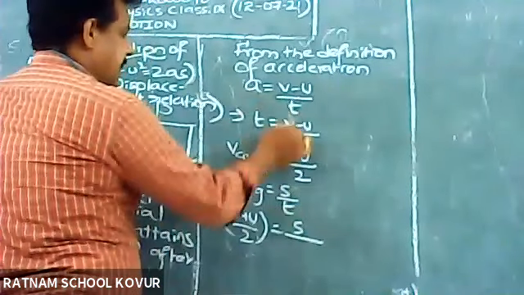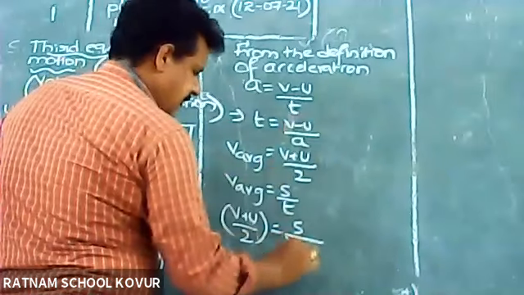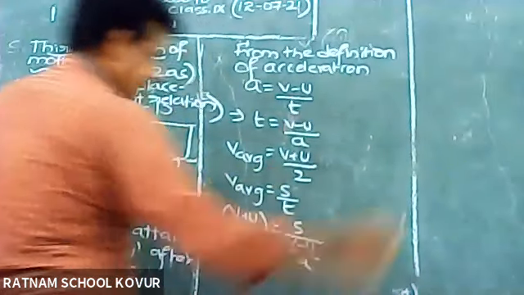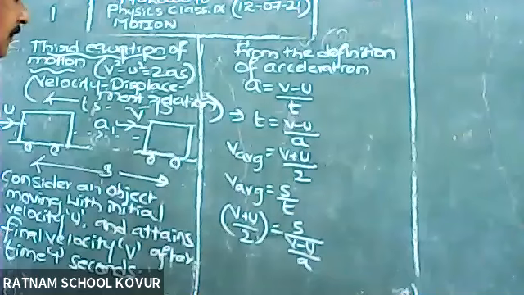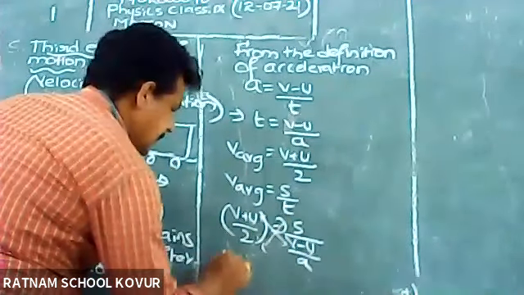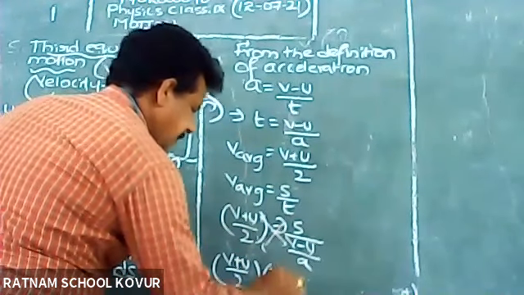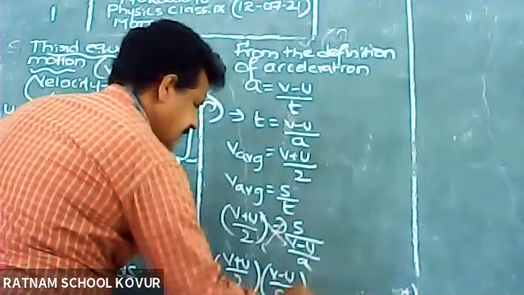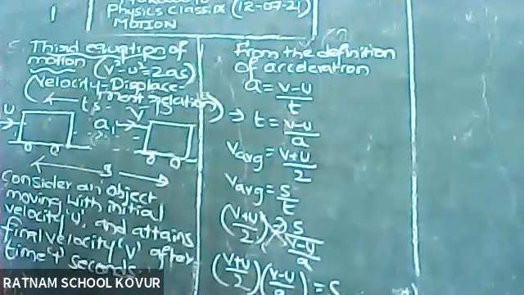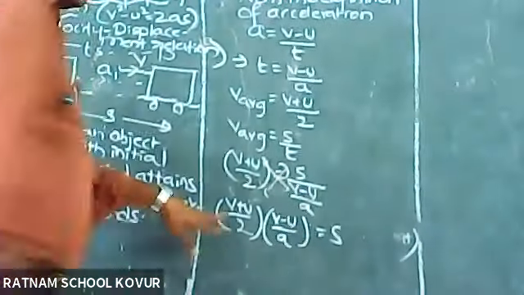Instead of t, I will write v minus u by a. Now you cross multiply: v plus u by 2 into v minus u by a is equal to s.